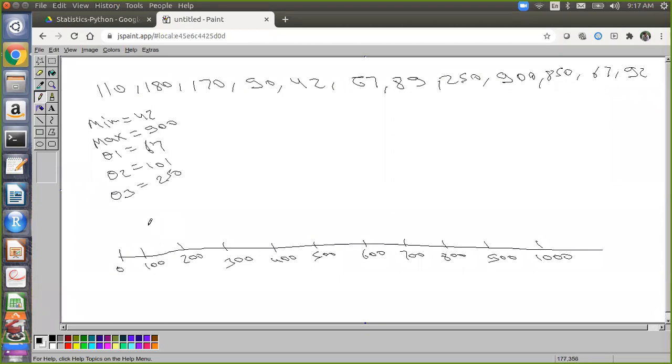So 101 is lying somewhere, suppose here. Q1 is 67, lying somewhere here. And this Q3 is 250, lying somewhere here. And minimum is basically 42, a very small whisker. And then you go up to 900.